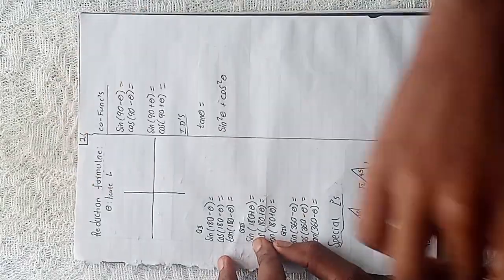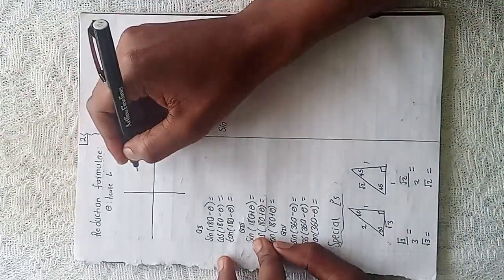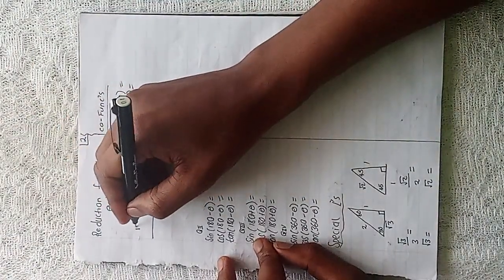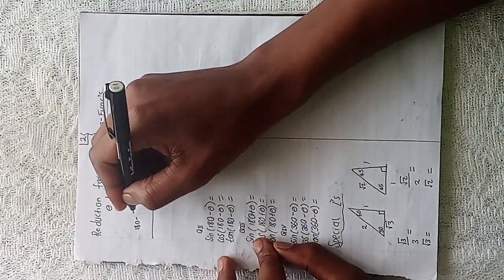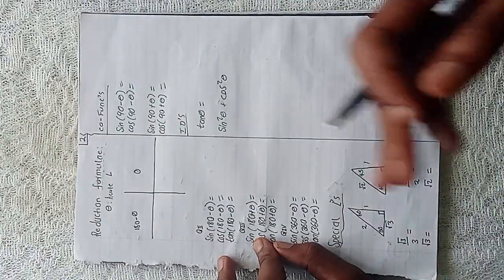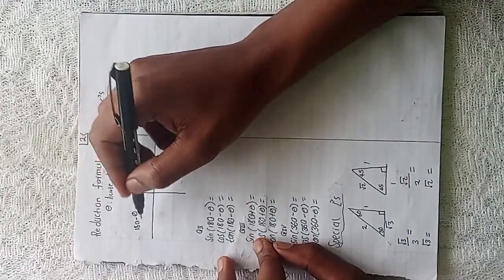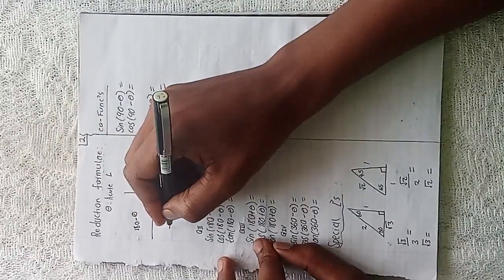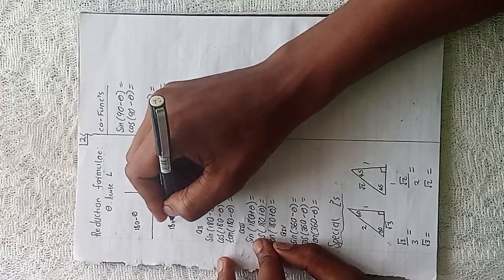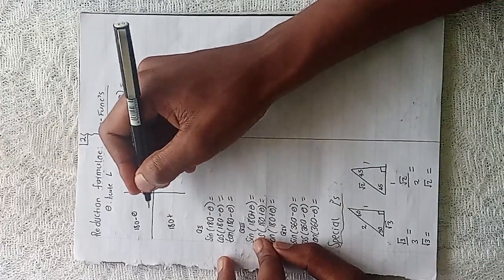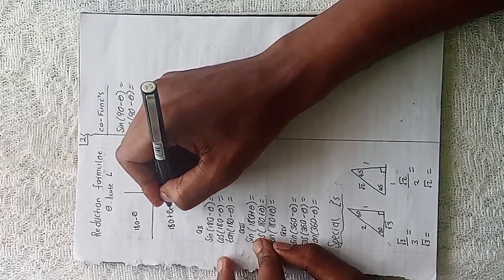So in quadrant 1, what do I have? I have theta. In quadrant 2, I have 180 minus theta, which means it's 180 minus an acute angle. So it's the angle that falls on quadrant 2. And then in quadrant 3, I have 180 plus theta.